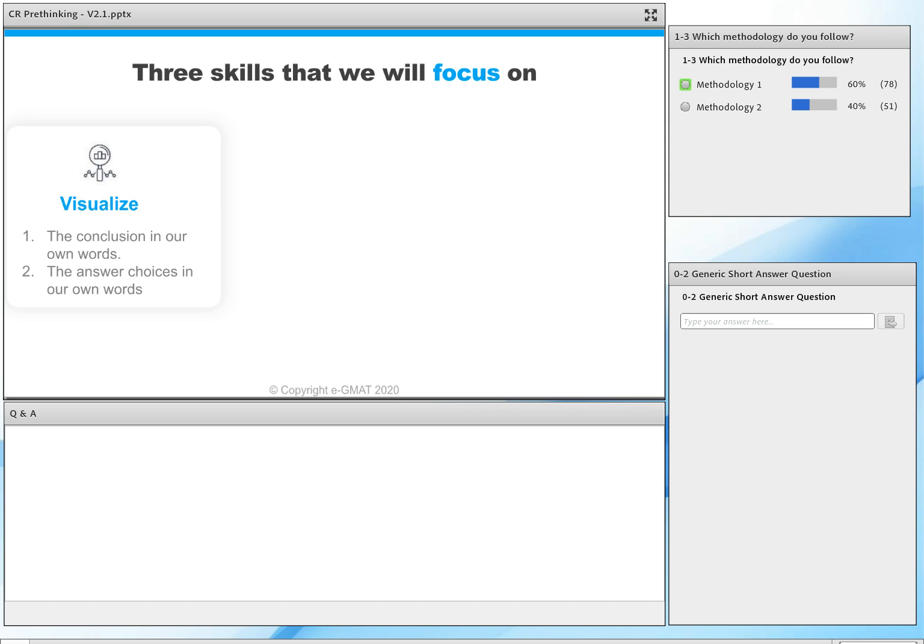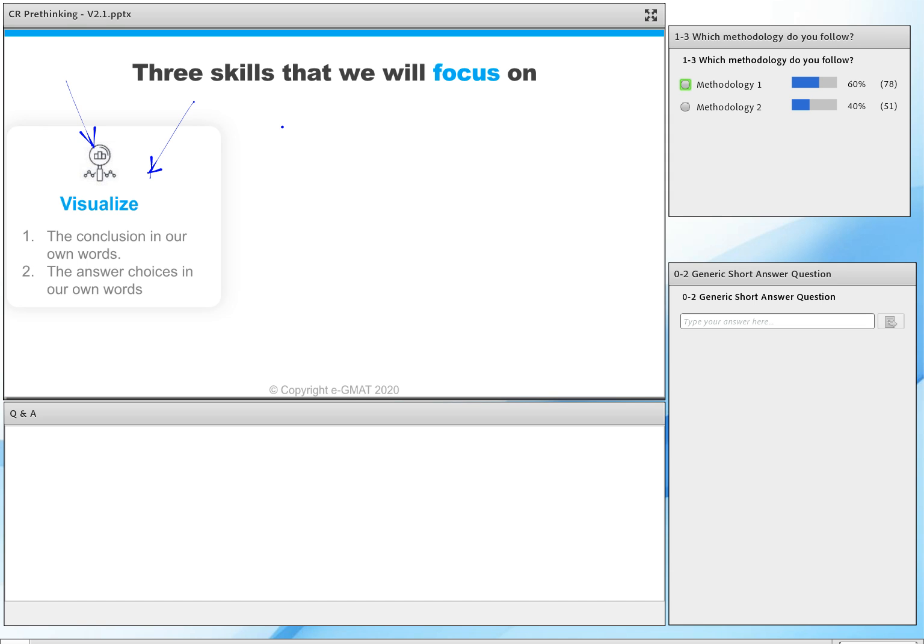One of the biggest and most important skills tested on the GMAT, not just in critical reasoning but in reading comprehension as well, is the ability to visualize. A lot of people think that to ace GMAT verbal, you need to be a voracious reader, reading novels. But people who ace verbal need not be voracious readers; they need to be able to visualize the information they read.